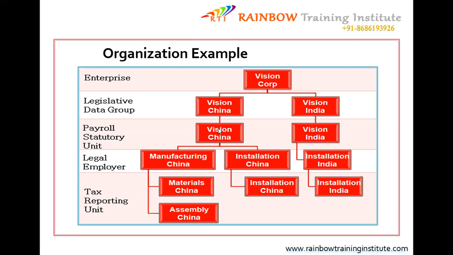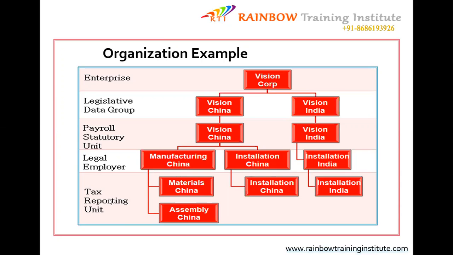Alright. So we classify them as legal employers so that we can hire the employees there. And then coming to the tax reporting unit. If you want to report the tax for the manufacturing entity separately and the installation entity separately, you're going to create different tax reporting IDs.